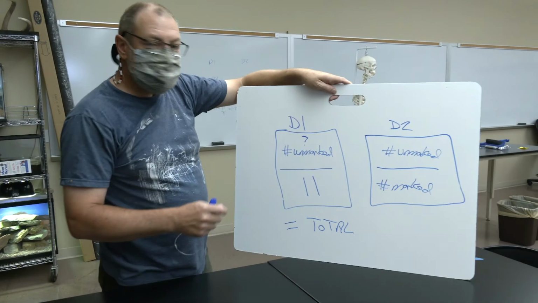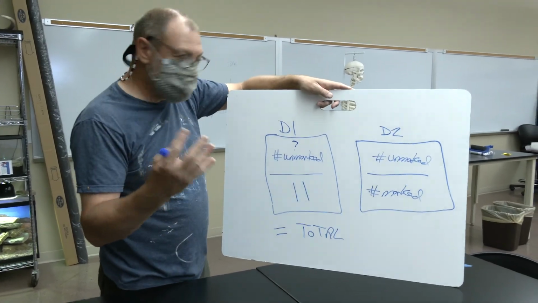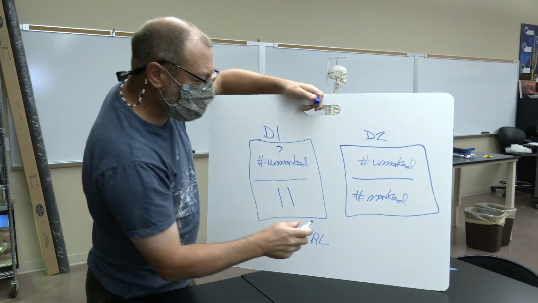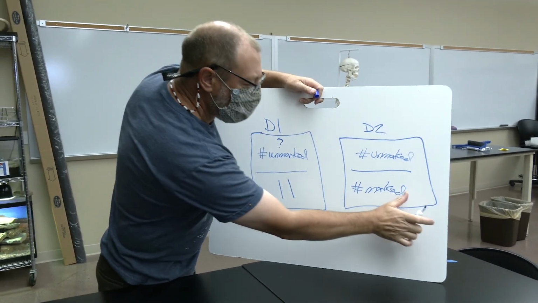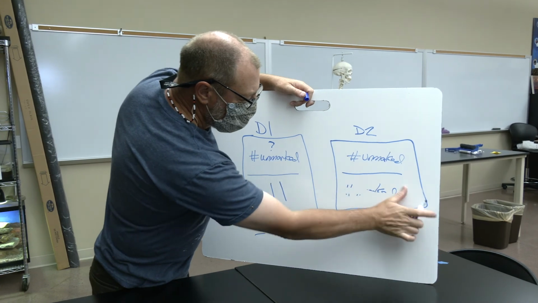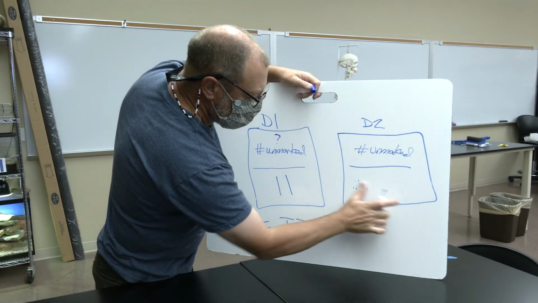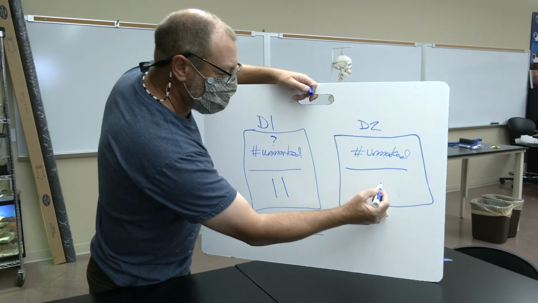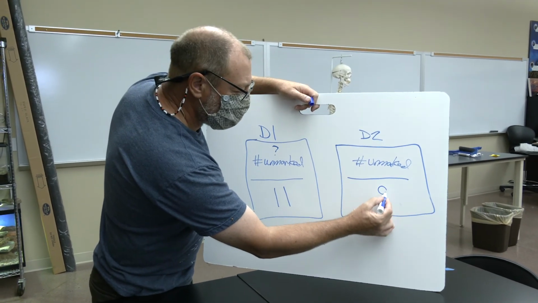All right, so now we can enter the numbers that we just collected into our mark and recapture formula. So the number of marked animals that we caught on day 2 this morning was, Joey, what was that number? 9. All right, awesome.